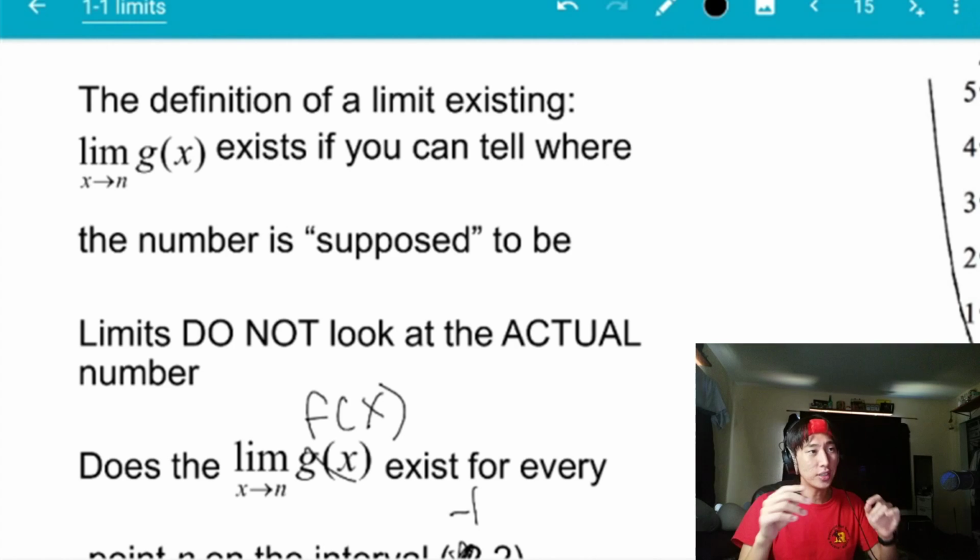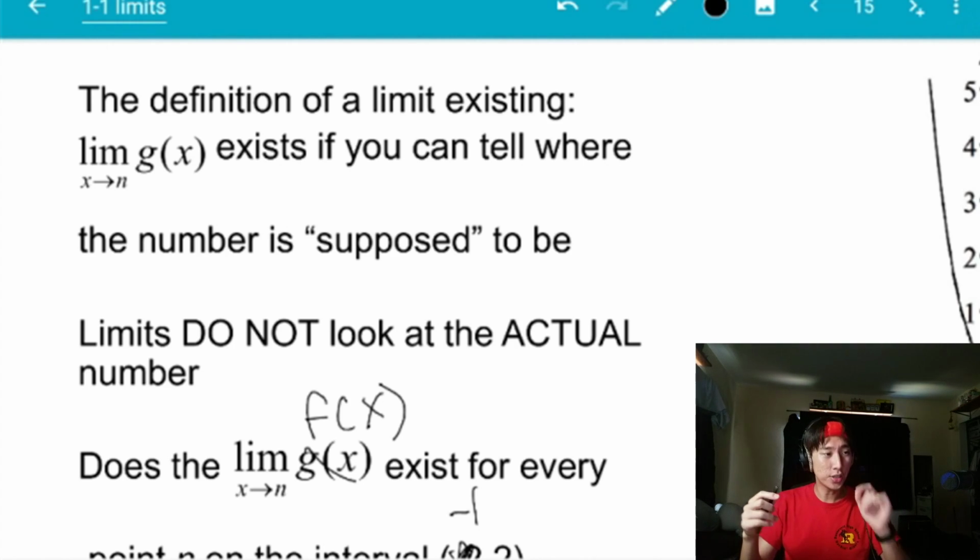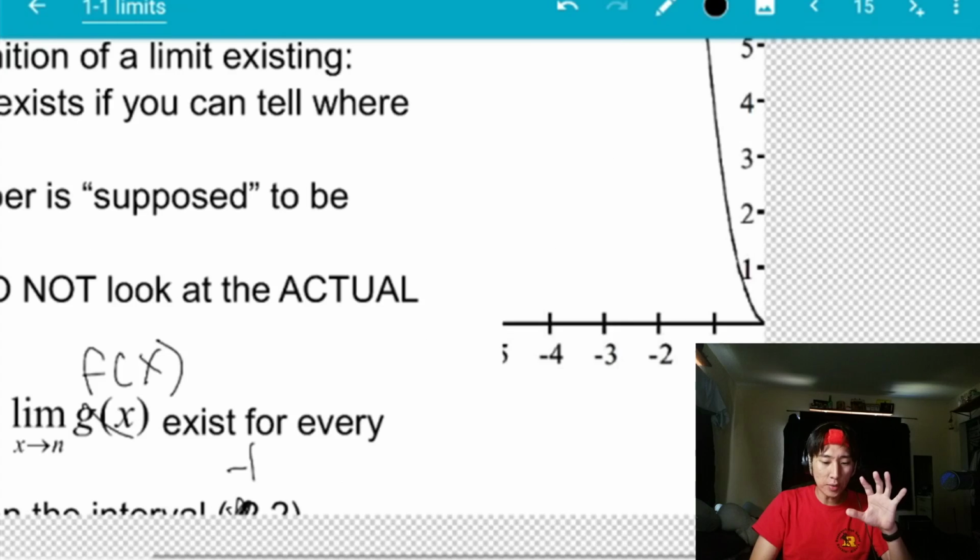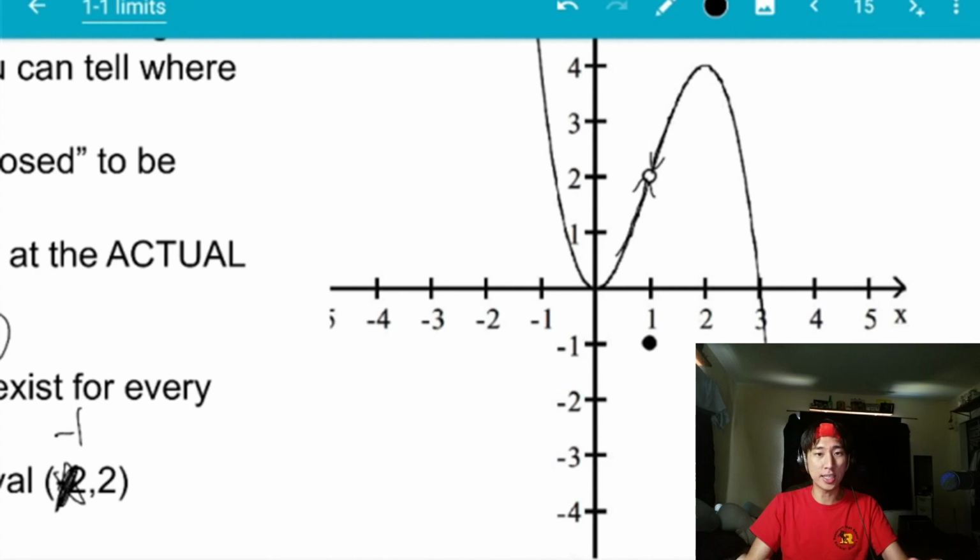So the answer for this is 2. The limit should be 2, because it doesn't care where the actual point is. Even if there was a dot, even if there was no dot, it doesn't matter. I'm heading towards 2 from the left and right. Limits just say I'm getting really, really doggone close.